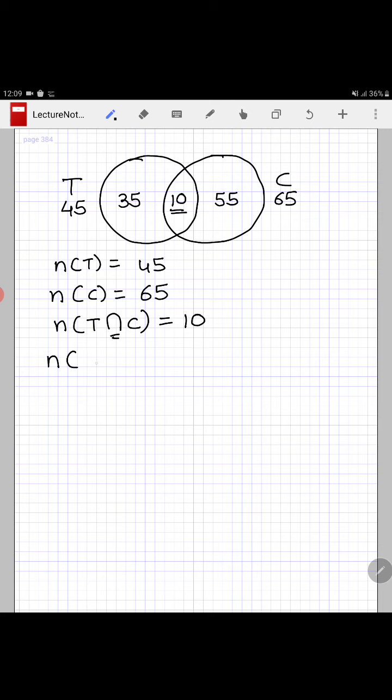Now, the number of people who love tea or coffee, tea union coffee. So that is the total number inside the circles. 35 plus 10, 45 plus 55 is equal to 100.